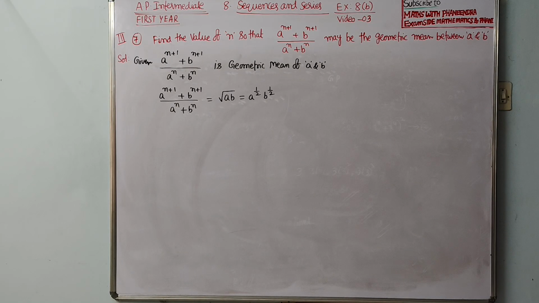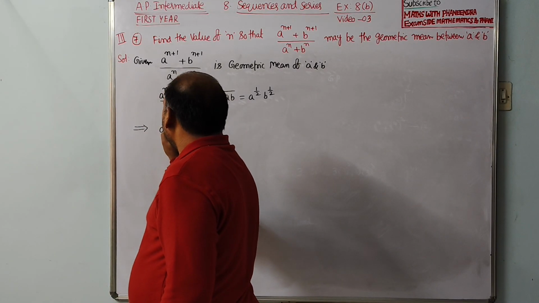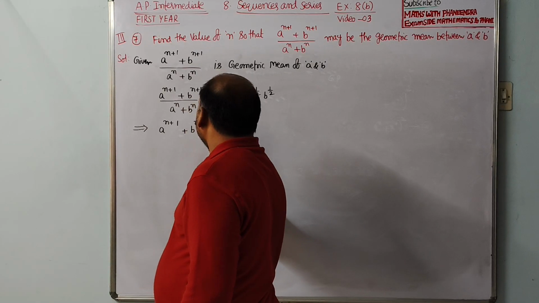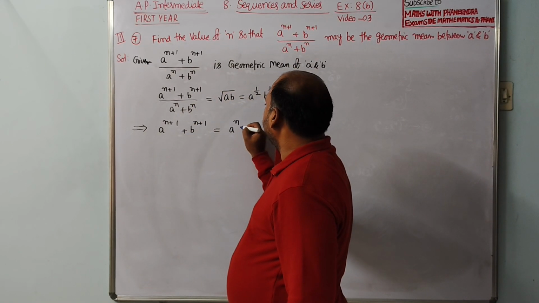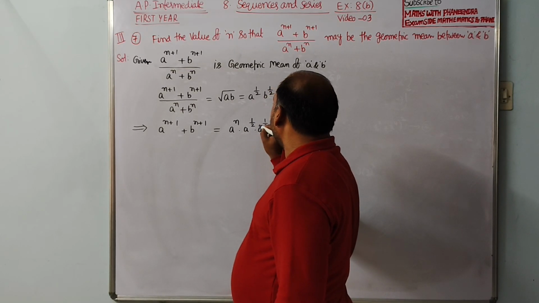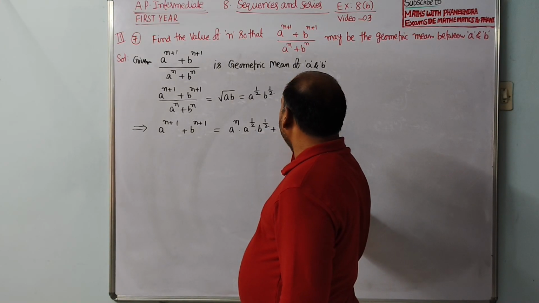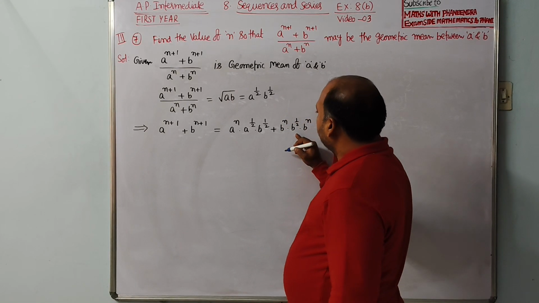Okay, now cross multiply. So that implies that A power n plus 1 plus B power n plus 1 is equal to A power n into A power 1 by 2 into B power 1 by 2 plus B power n into B power 1 by 2 into A power 1 by 2.